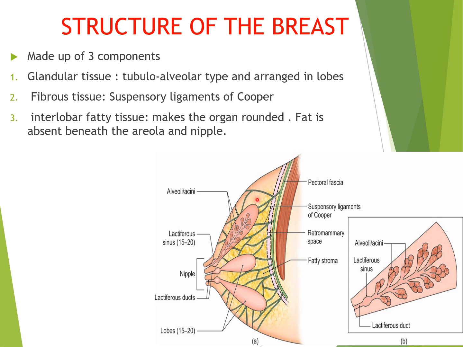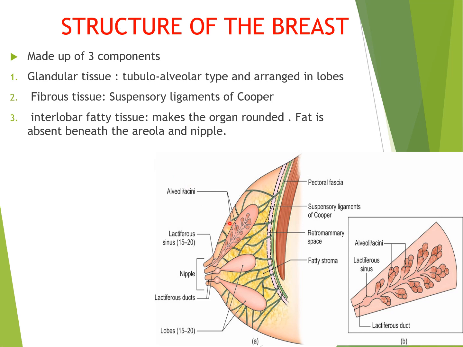Then next we have the fibrous tissue. The fibrous tissue supports the lobes, like we have here 1, 2 and 3. There are 15 to 20 lobes, which we will discuss in detail with the lobes of the mammary gland.